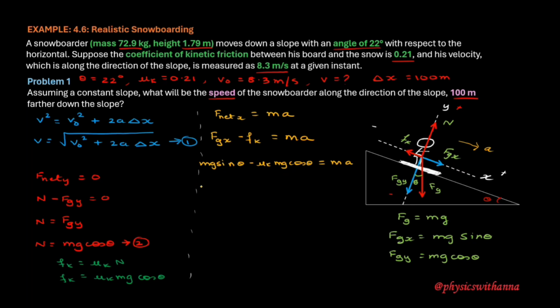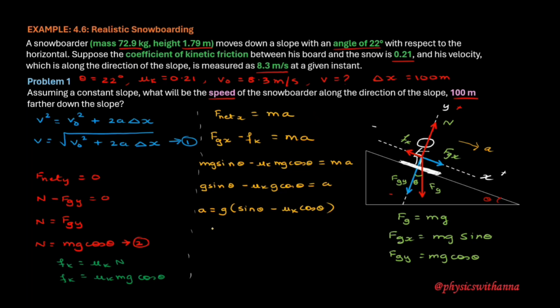I can divide by m throughout the equation. So when you divide by m, you get g sine theta minus mu k g cosine theta equals a. So I get my acceleration a to be equal to, take g as common here, g times sine theta minus mu k cosine theta.